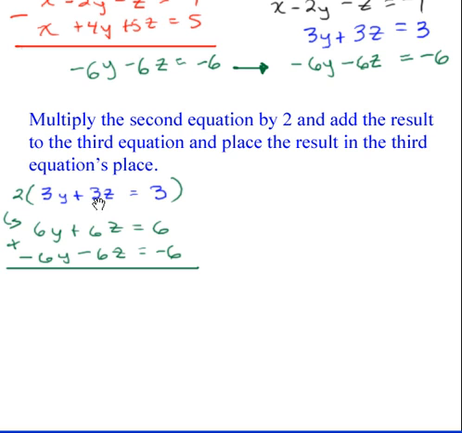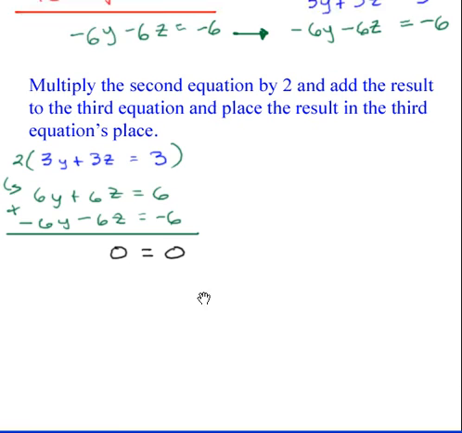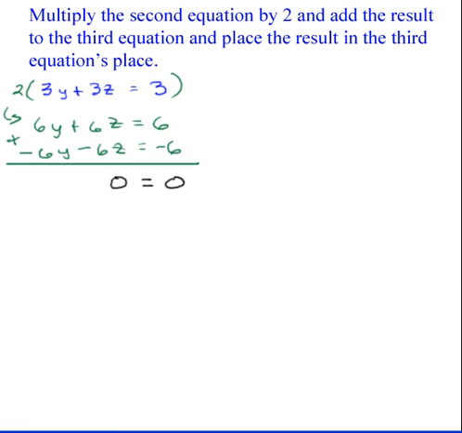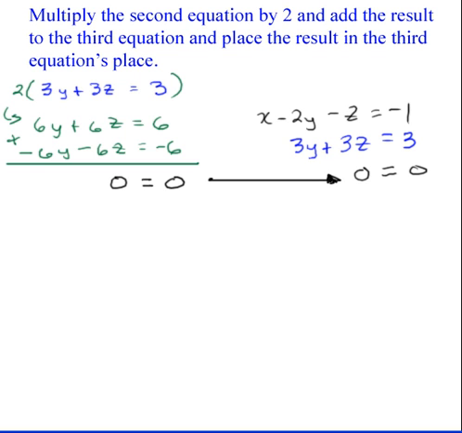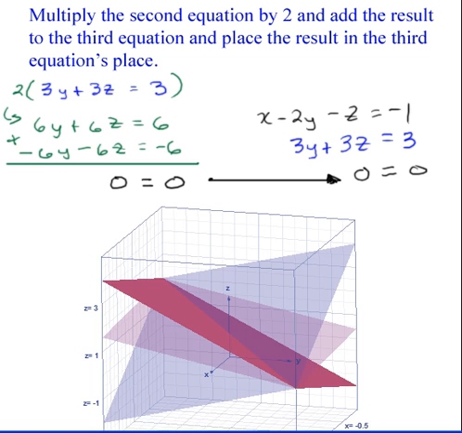Gives me 6y plus 6z equals 6. And when we add, 6y plus negative 6y is 0, 6z plus negative 6z is 0, 6 plus negative 6 is 0. And we're thinking, wow, did we make a mistake? No. But let's just put that in the third position, just for the filler for a moment.